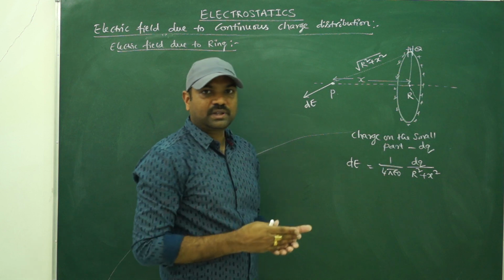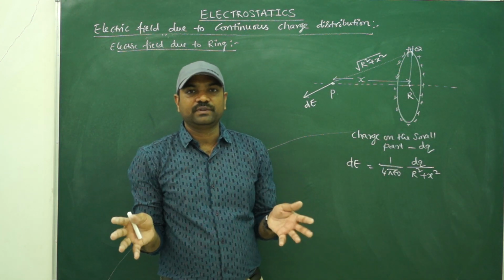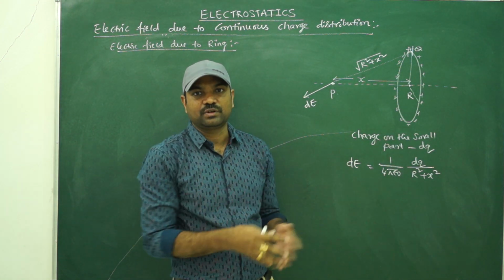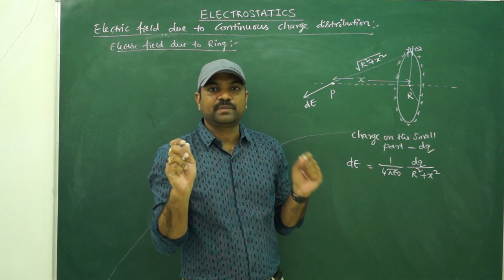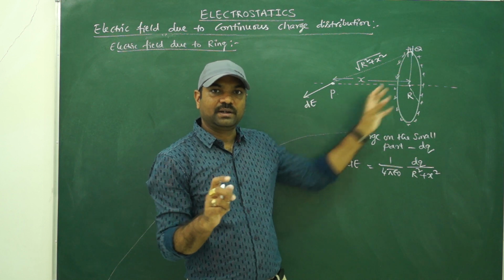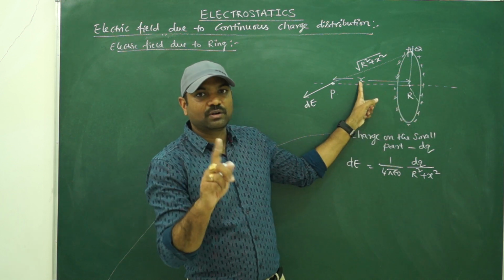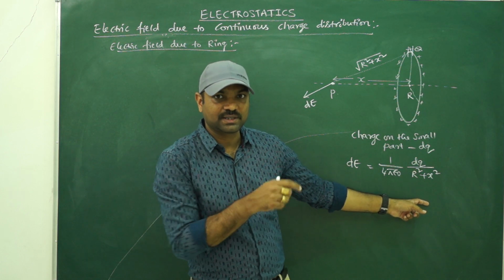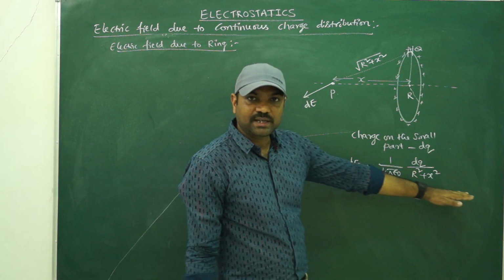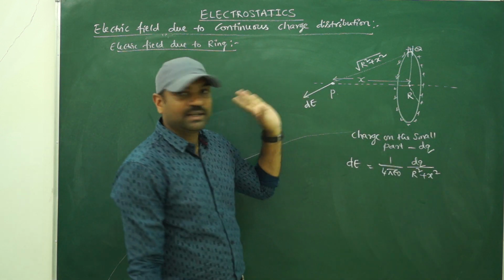Please don't be confused, most students have confusion here. Whatever x I have taken, x is not a variable. X is the distance between the point I have taken and the center. X is constant, not variable. Don't integrate x here. X is constant in this expression. This is the dE magnitude, and this is the dE direction.